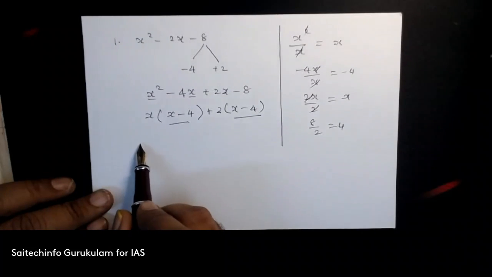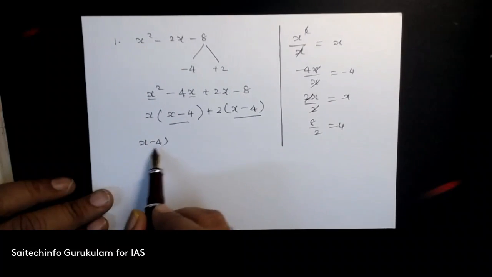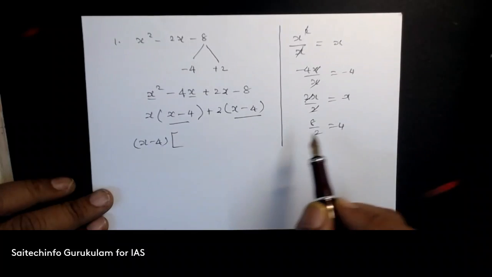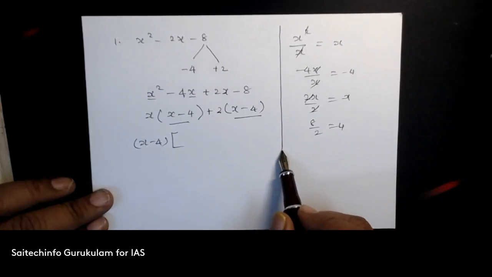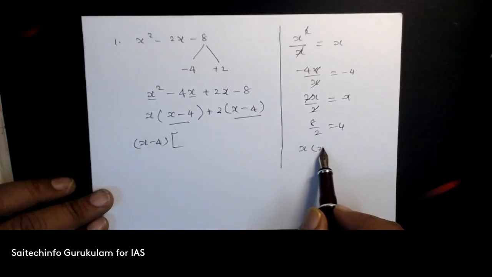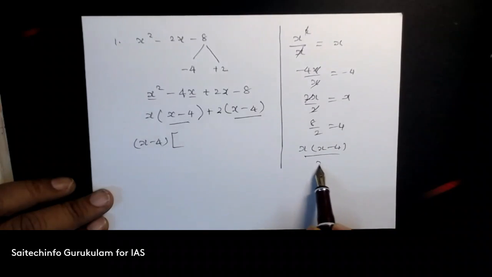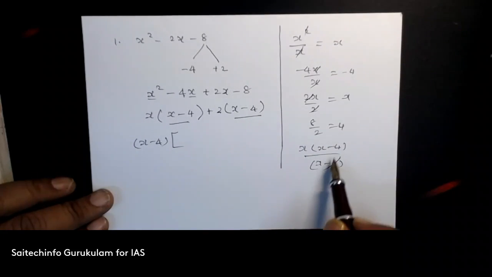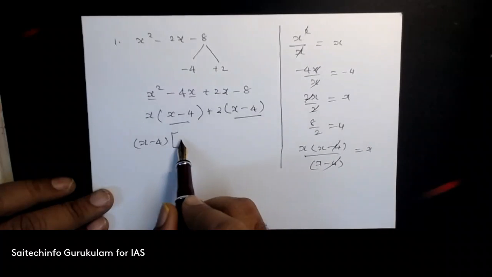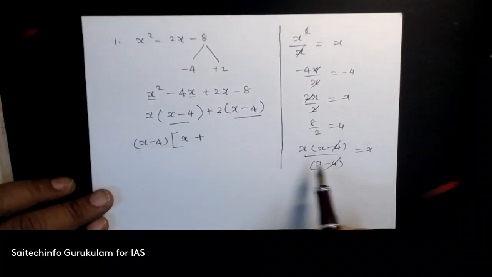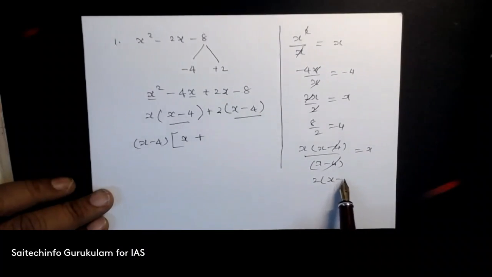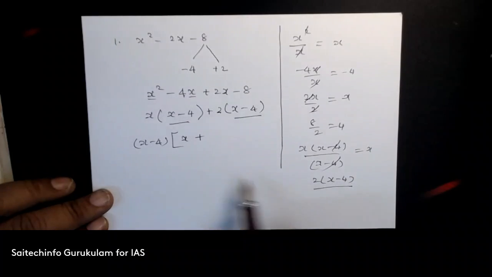So x minus 4 is the greatest common divisor, and based on that you have the first term, that is x into x minus 4, and dividing by x minus 4 you can get x. So you can write x plus 2 into x minus 4, that is the second term, that should be divided by x minus 4.